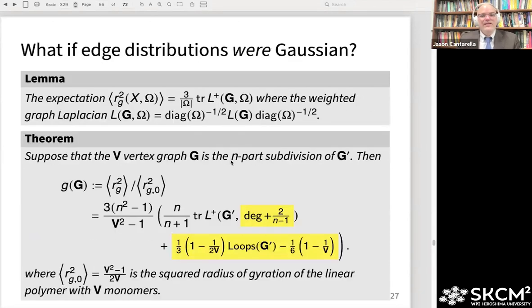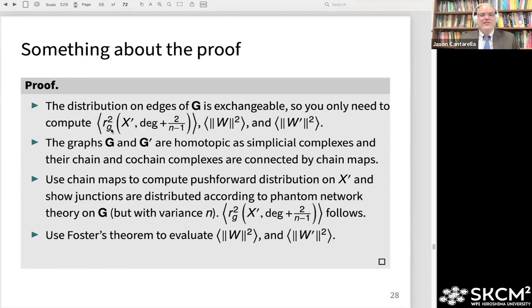Okay, now, how would you prove it? Again, you just need to compute the expectations of the three terms. Now, the expectation of the squared norm of the W vector, the total sum of squared norms of displacements in the subdivided graph, and the expected squared norm of the W prime vector, the sum of the squares of the junction-junction distances along strands, can be evaluated with Foster's theorem.